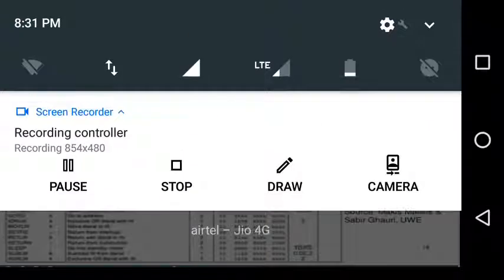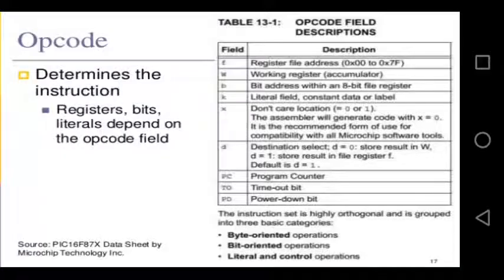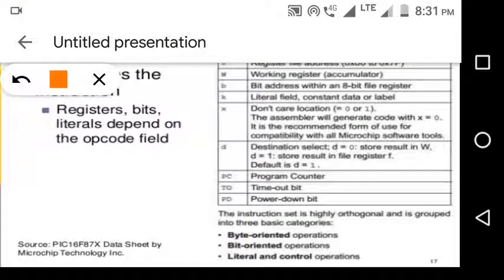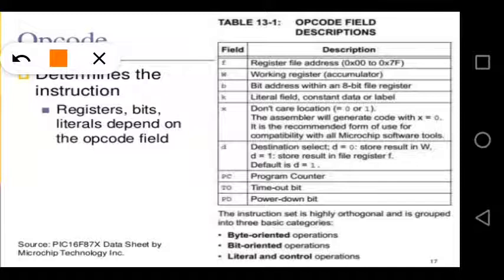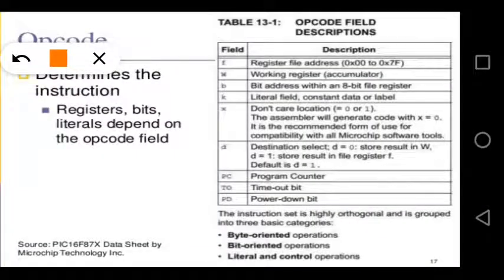So these are the examples of the instruction set architecture for the PIC processor. Now we see how it is formatted. We see the opcode field description. The opcode field determines the instruction.